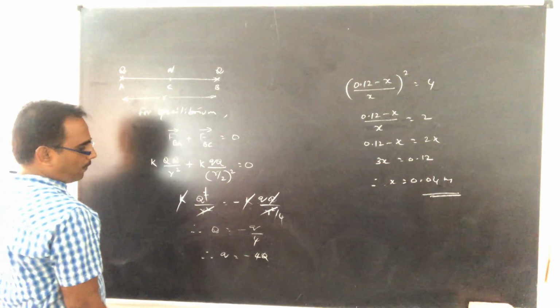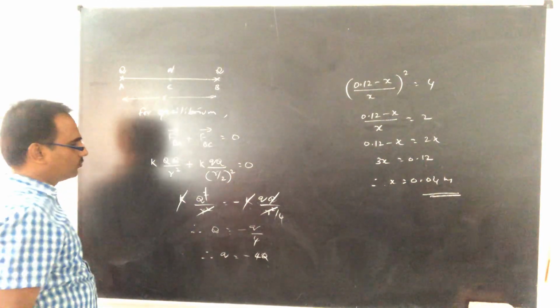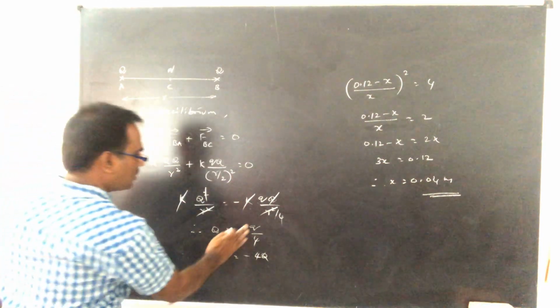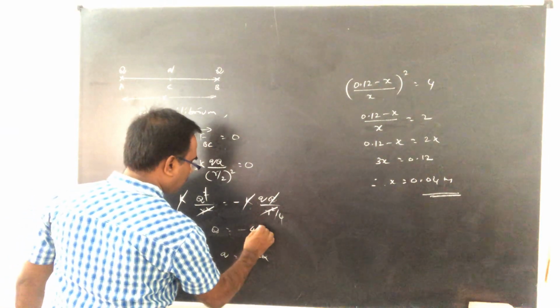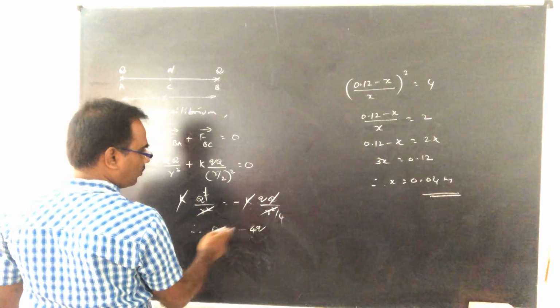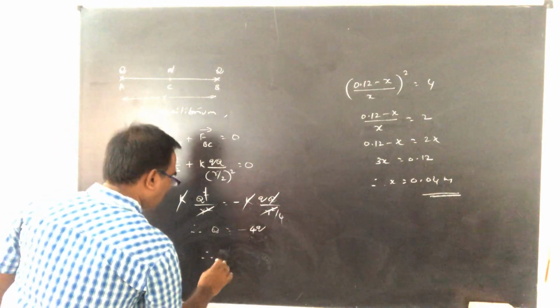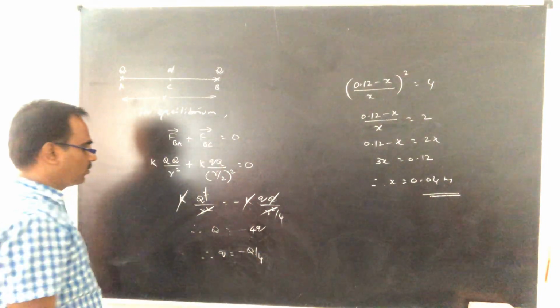Sorry, this 4 will come to the numerator. This Q must be equal to minus 4Q, or this q should become equal to minus Q divided by 4.